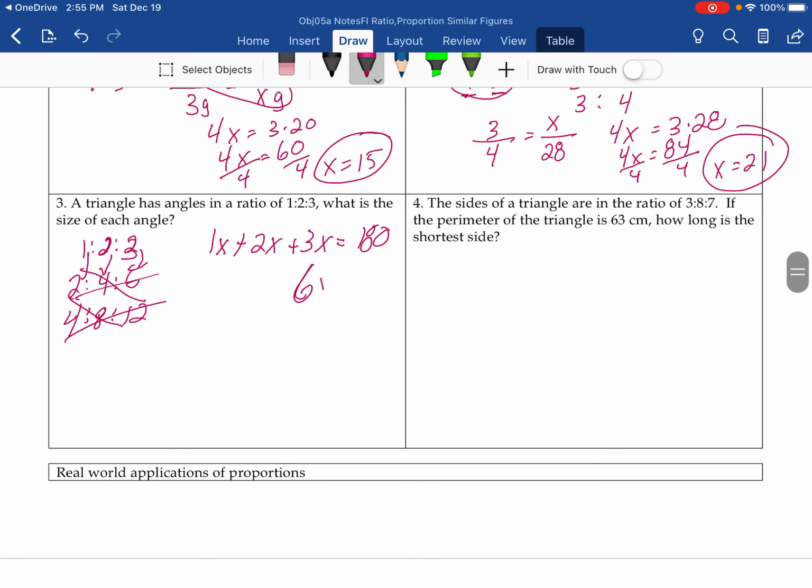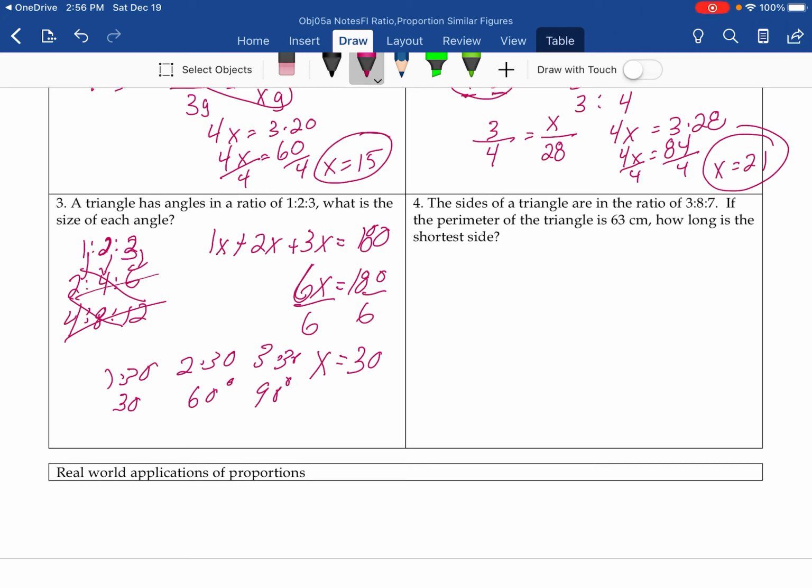This is going to be 6x equals 180, divided by 6. X is equal to 30. So my angles are going to be 1 times 30, which is 30, 2 times 30, which is 60, and 3 times 30, which is 90.